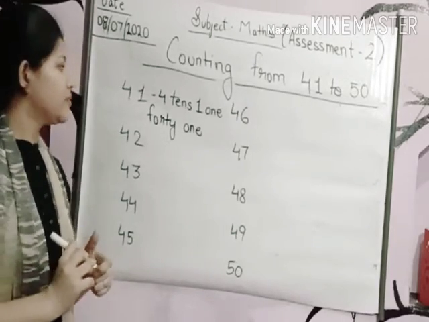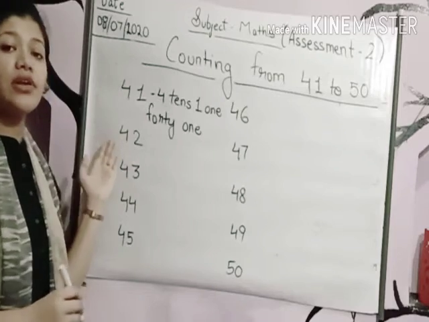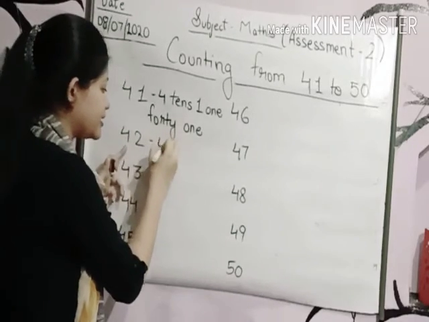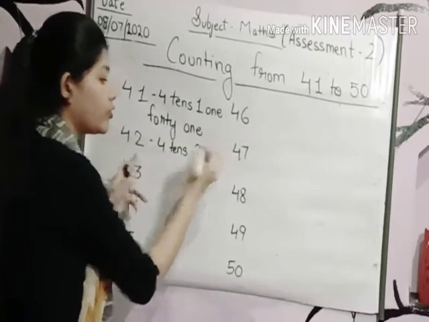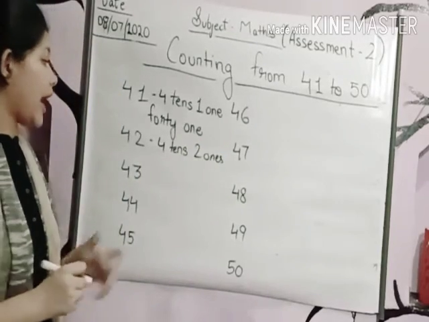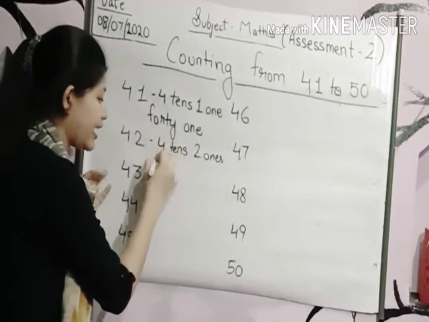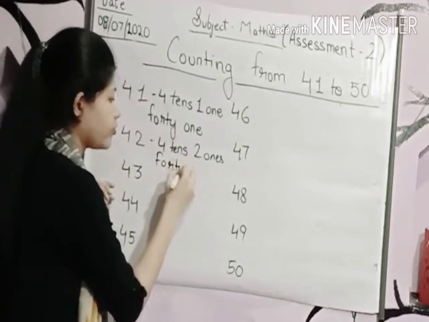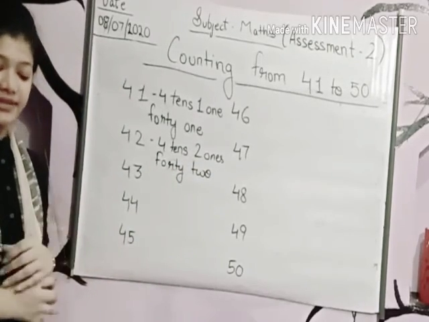Now let's come to the next number, 42. In the same way, we will write 4 tens, 2 ones. And how can we write the number name of this number? We can write it as 42.